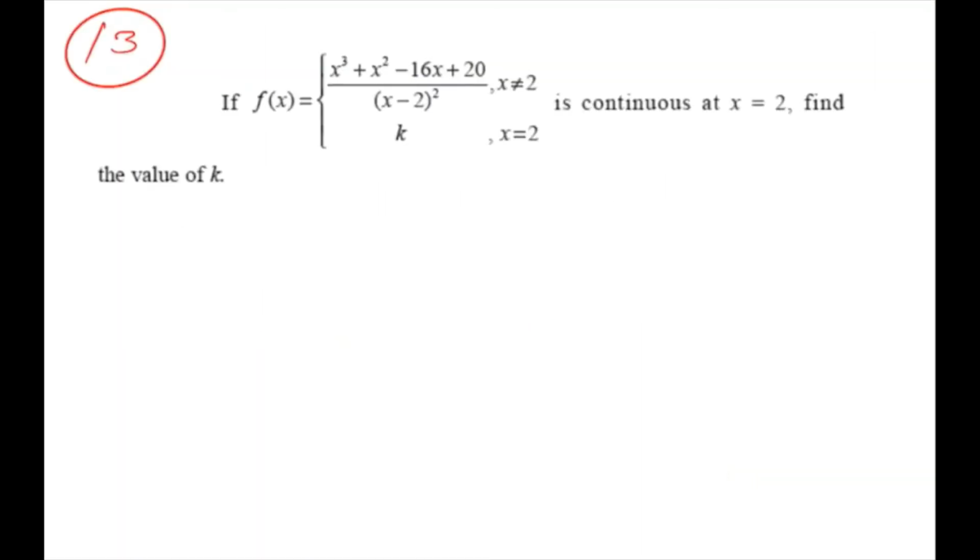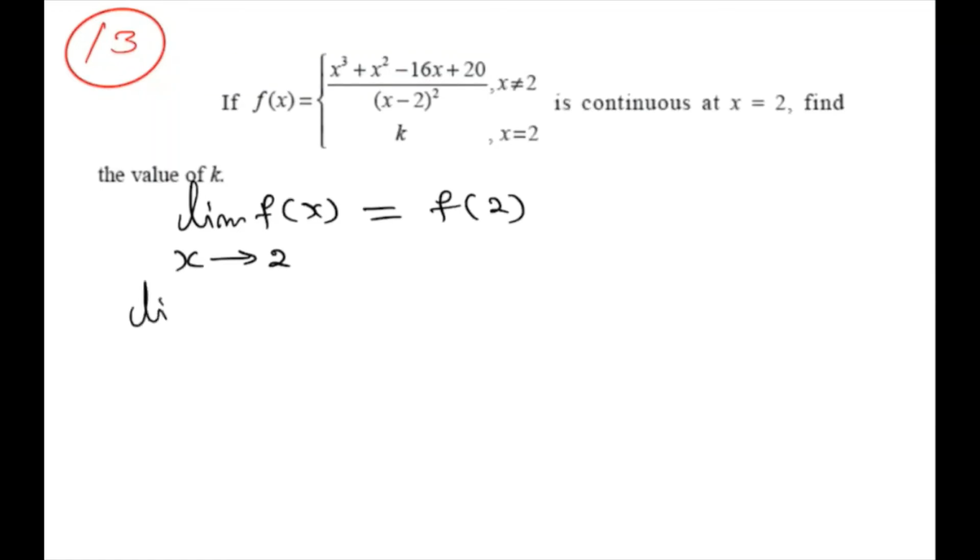13th question. If f of x is continuous at x equal to 2, find the value of k. Since the function is continuous at x equal to 2, the limit of f of x as x tends to 2 will be the same as f of 2. That means the limiting value must be the same as the functional value.